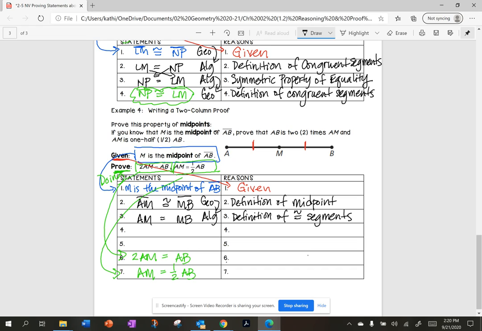Now, I know that I can use the segment addition postulate and say A to M plus M to B equals A to B. And I can say that from the segment addition postulate.